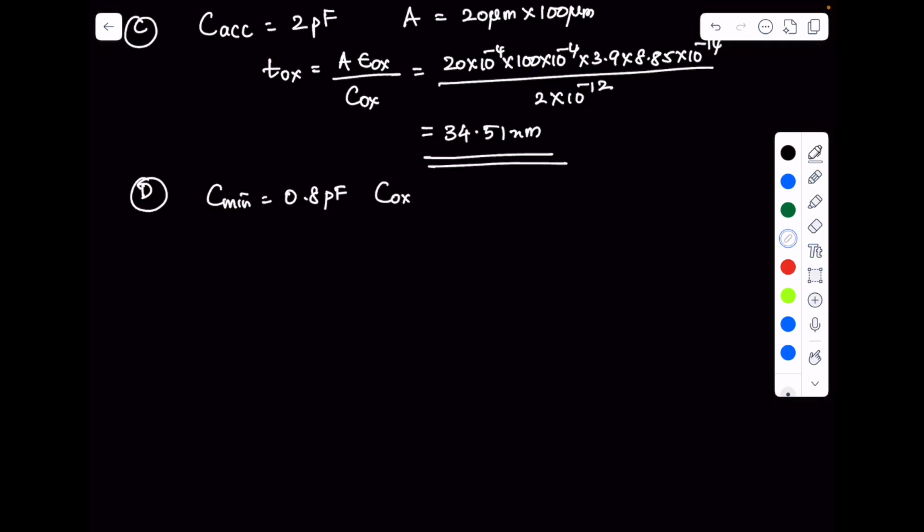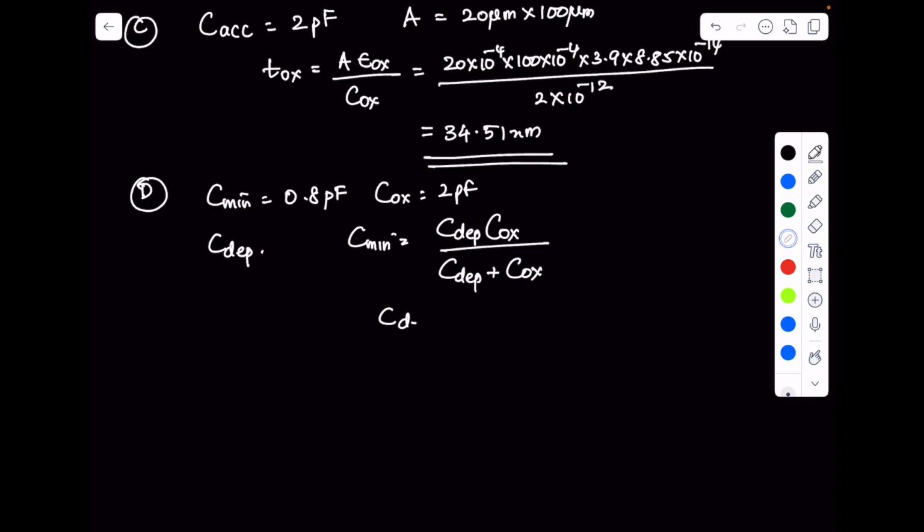Cox of this device is 2 picofarad. Like previously, we need to find C depletion. We know that Cmin is equal to C depletion and Cox connected in series, so if I know Cmin and Cox, I can calculate the C depletion. This C depletion is 1.33 picofarad.